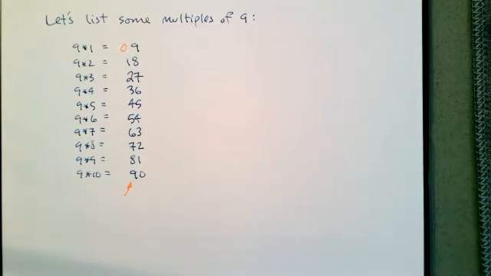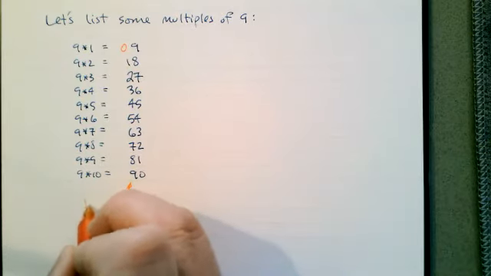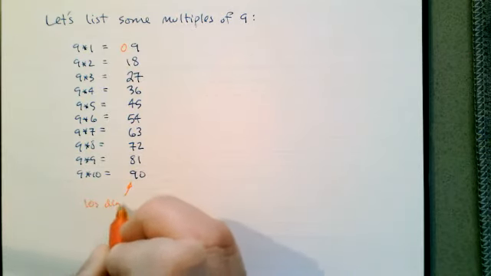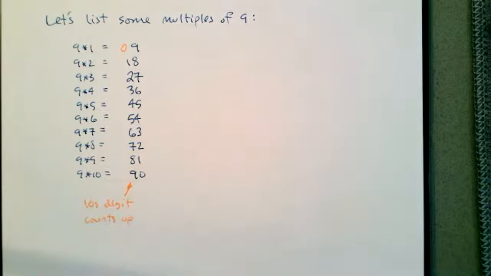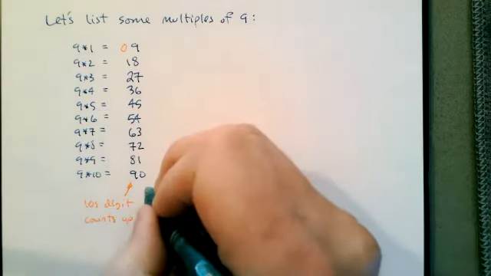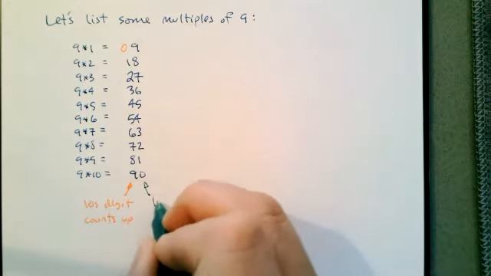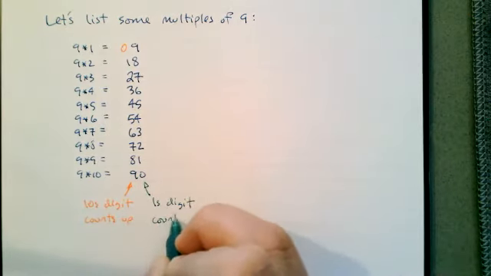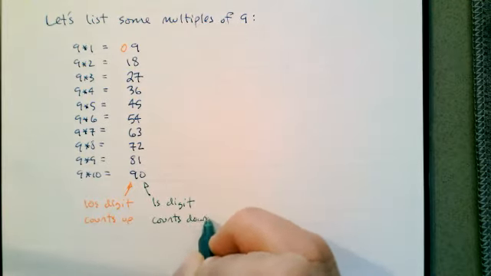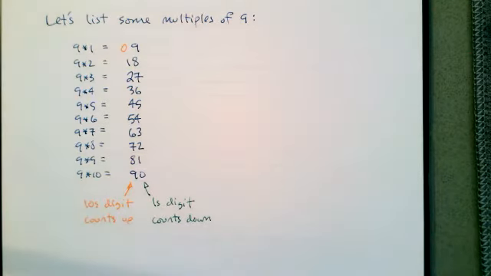The tens digit counts up. And the ones digit counts down. So this is kind of interesting. The tens digit counts up and the ones digit counts down.